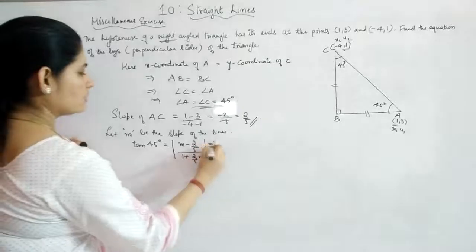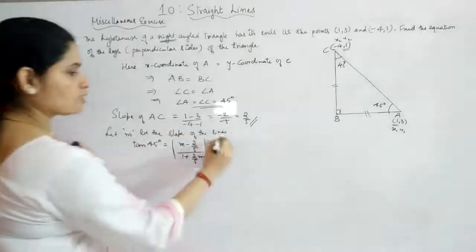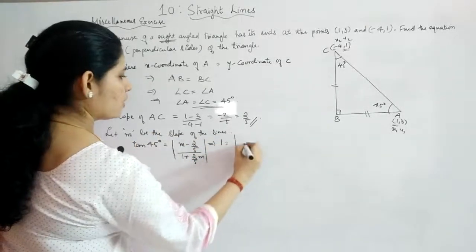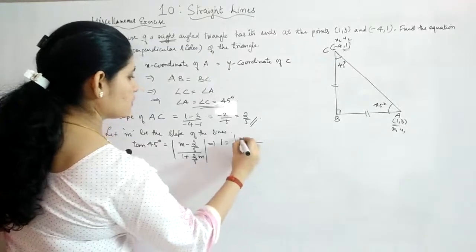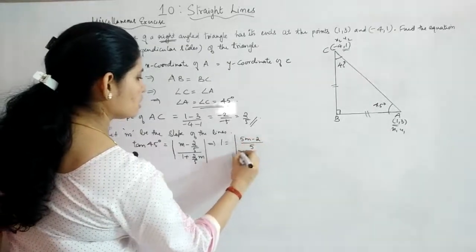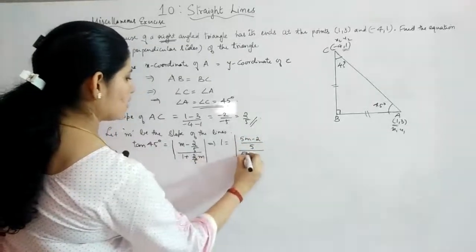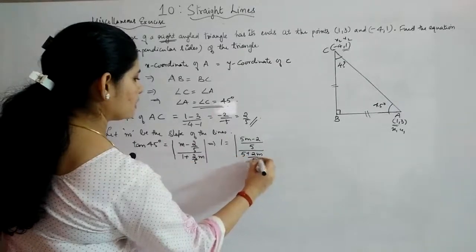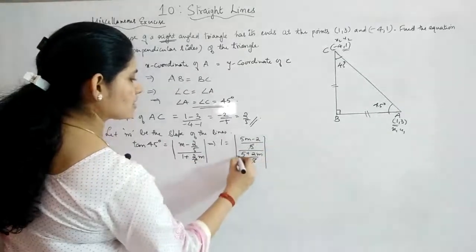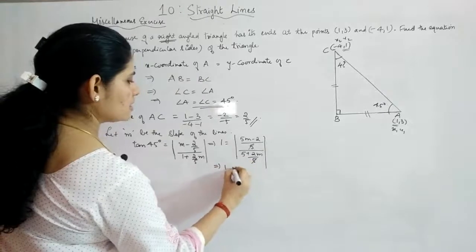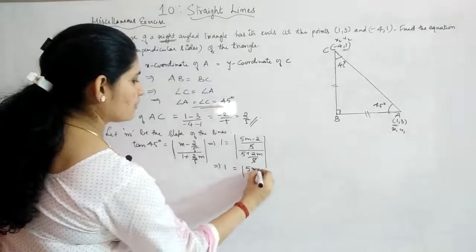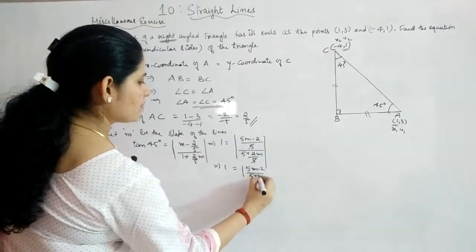Now tan 45 is 1, so 1 is equal to mod of, taking the LCM, 5m minus 2 in the numerator and 5 plus 2m by 5 in the denominator, so that 5 gets cancelled, and we get 1 is equal to mod of 5m minus 2 by 5 plus 2m.